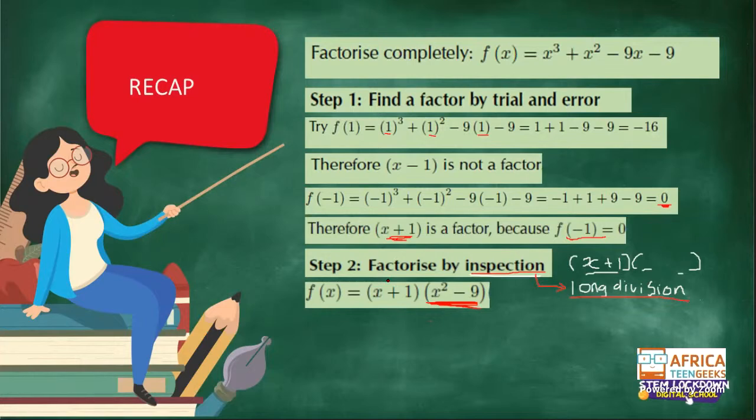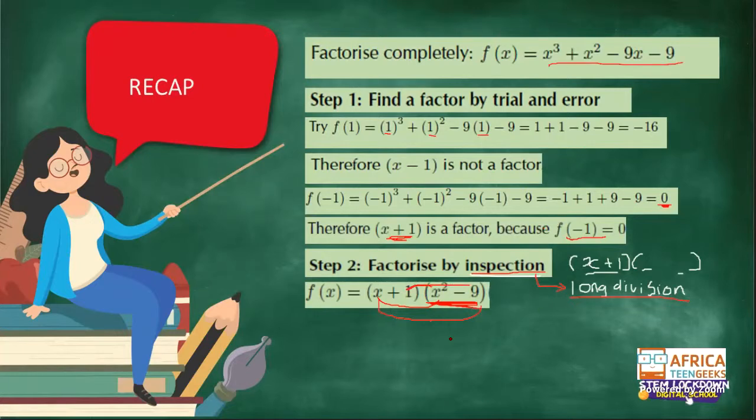And to check if what you have on the other side is correct, you will have to multiply this by this. If it gives you the original equation, then it means you're fine.